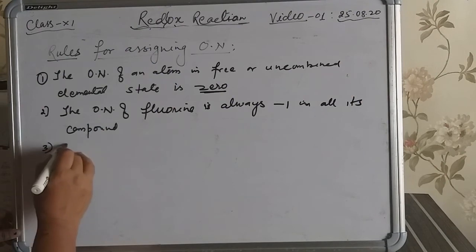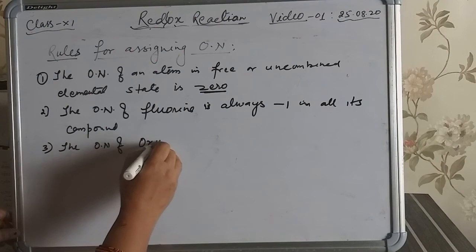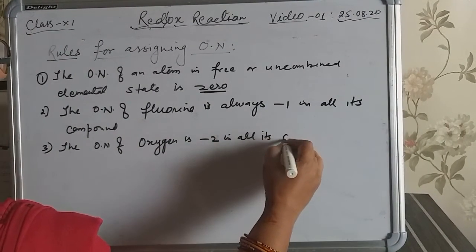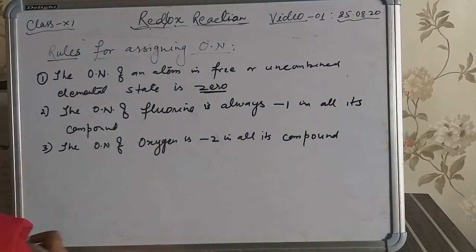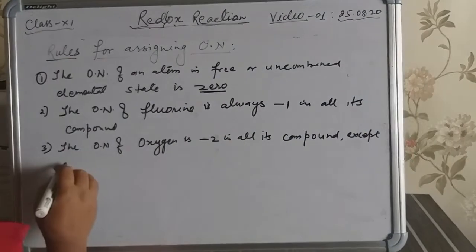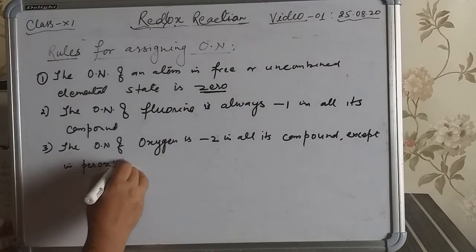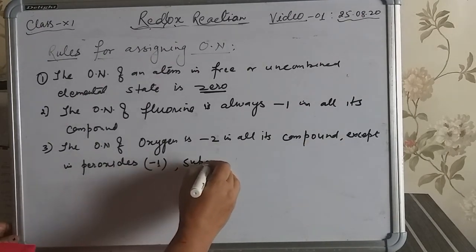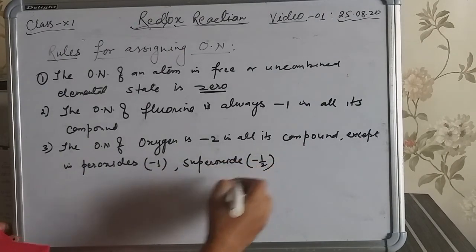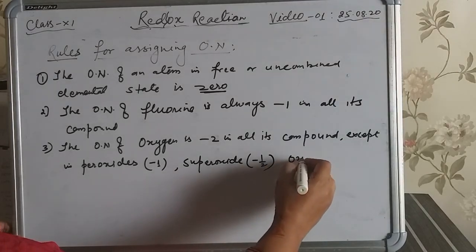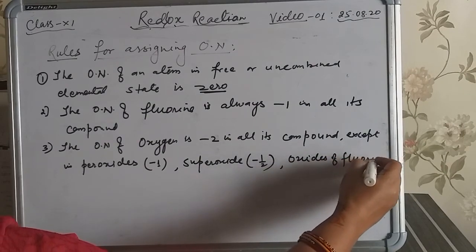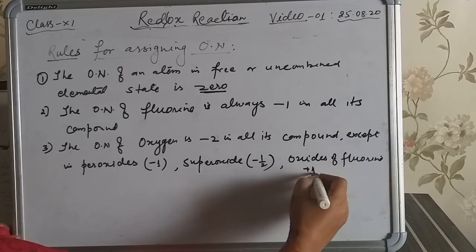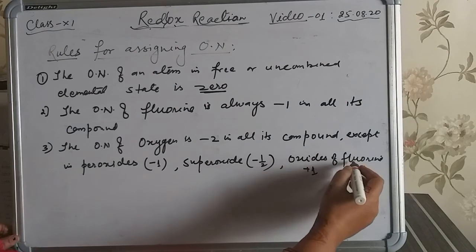The third rule is the oxidation number of oxygen is -2 in all its compounds, except in peroxides, where -1 charge is assigned, in superoxides, where -1/2 charge is assigned, and in oxides of fluorine, where oxygen is positive and fluorine is -1, because oxygen is less electronegative than fluorine.